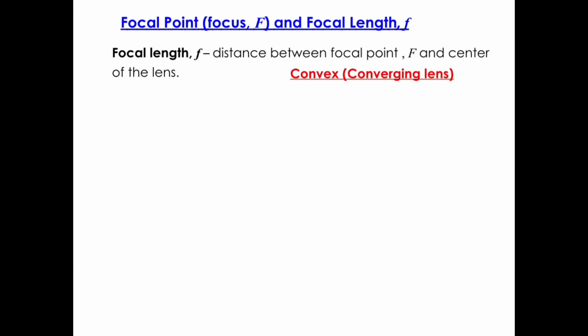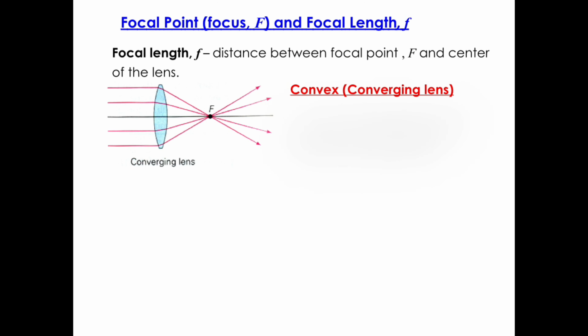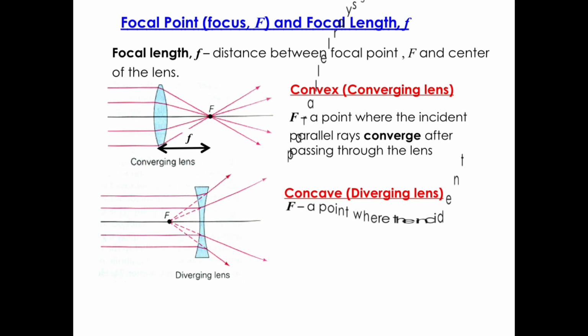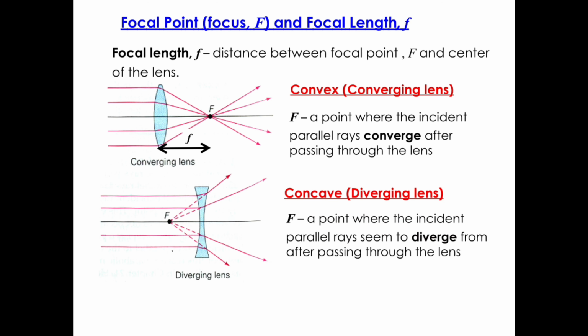In actuality, there are two focal points for every lens, at the same distance from the lens on opposite sides. The distance from the lens to the focal point is called the focal length. For a converging lens, the focal length is always positive, while a diverging lens always has a negative focal length.